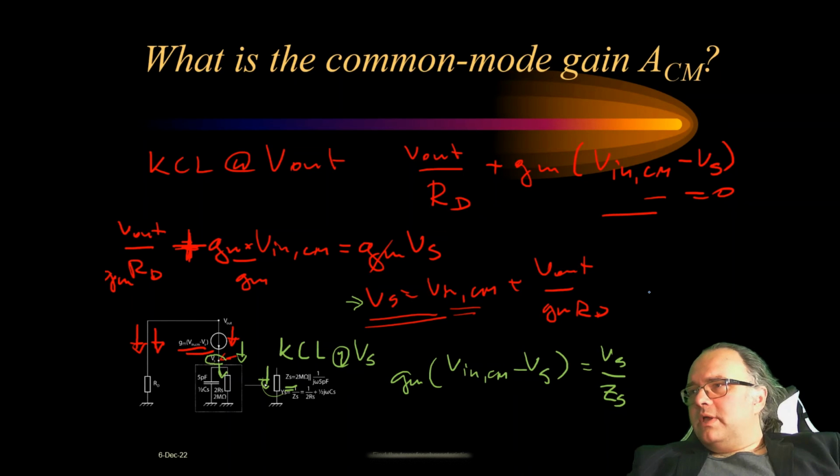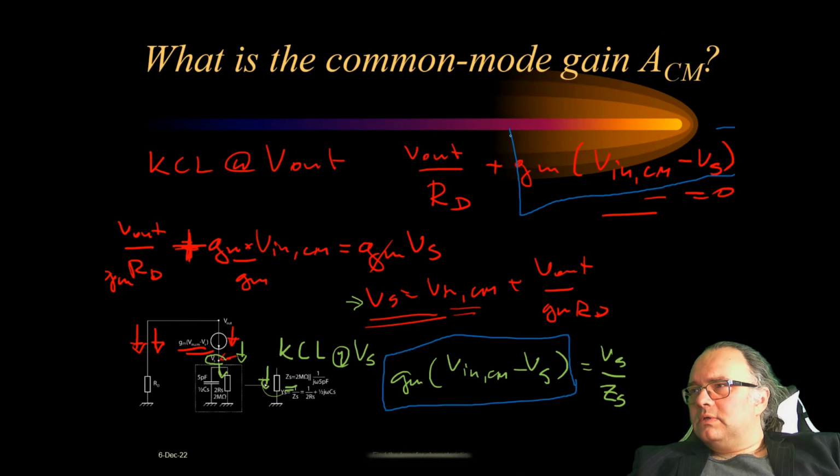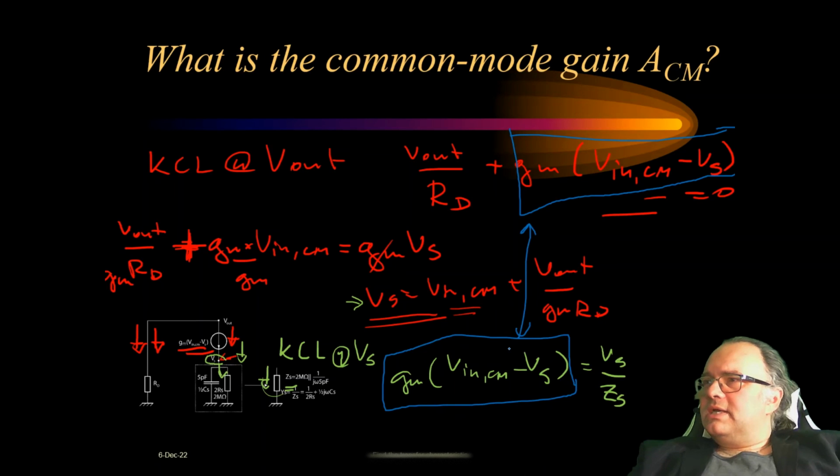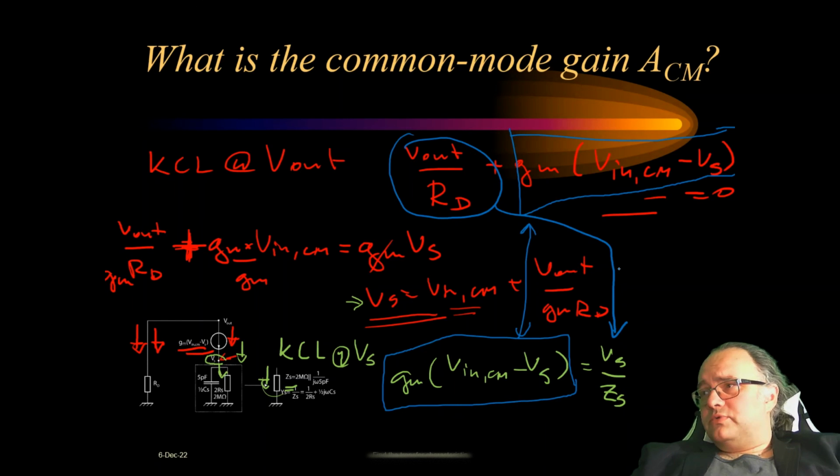Now we have to combine both equations. We can take this thing here and just plug it here. So this is plugged in here, which basically says that I can now write V out, this thing, is equal to this, with the opposite sign, of course.